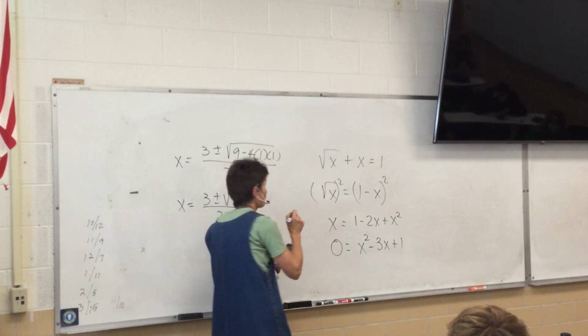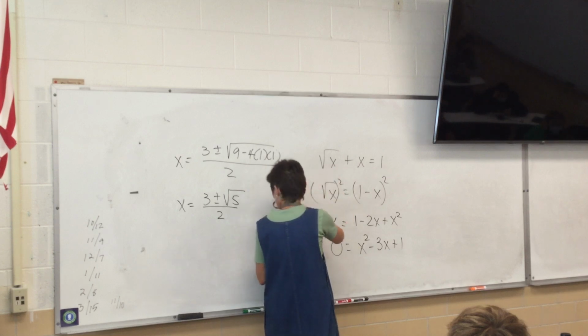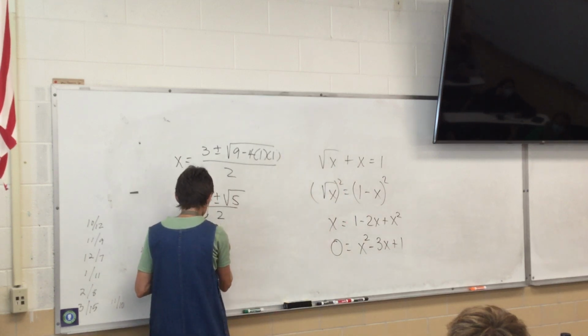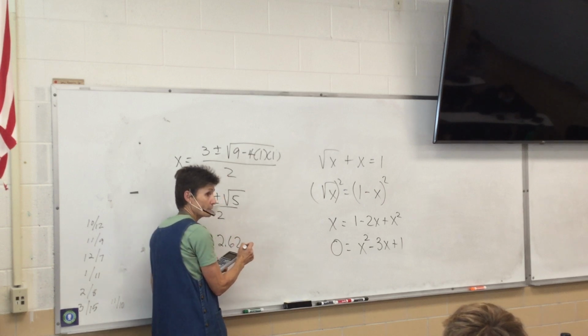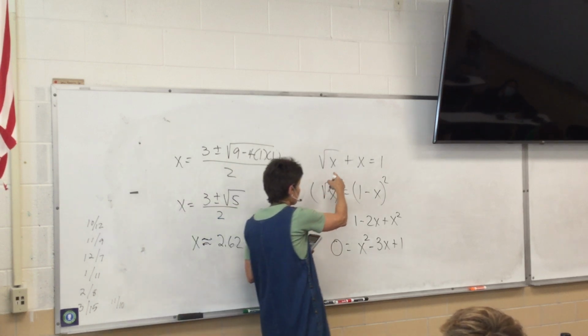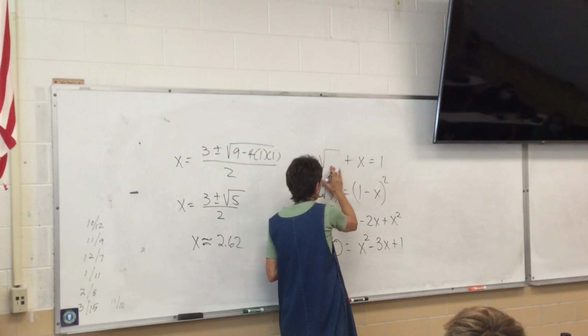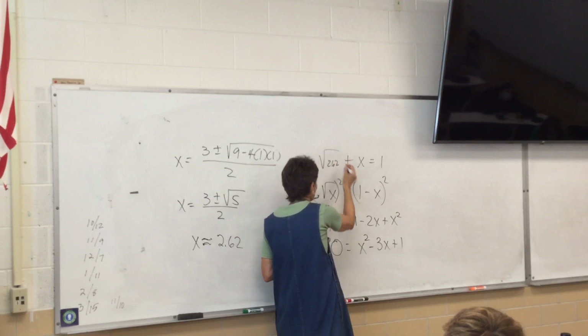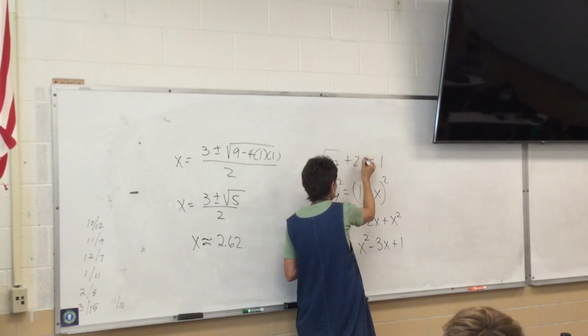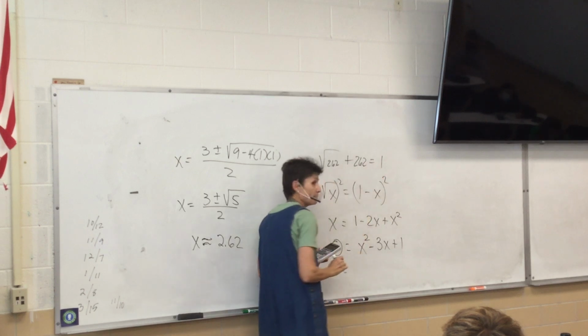I want you to look at this for a minute. So one answer was x equals approximately 2.62. Take a look at your original equation. If you put 2.62 here, and if you put 2.62 here, are those going to add up and give you 1?